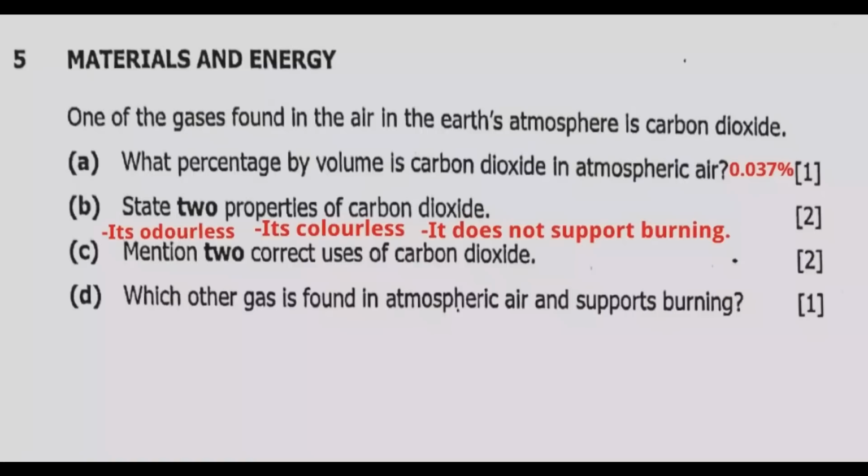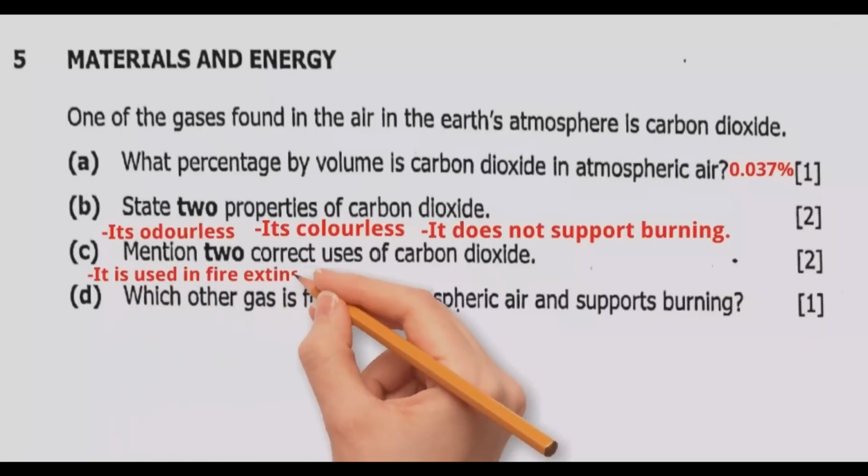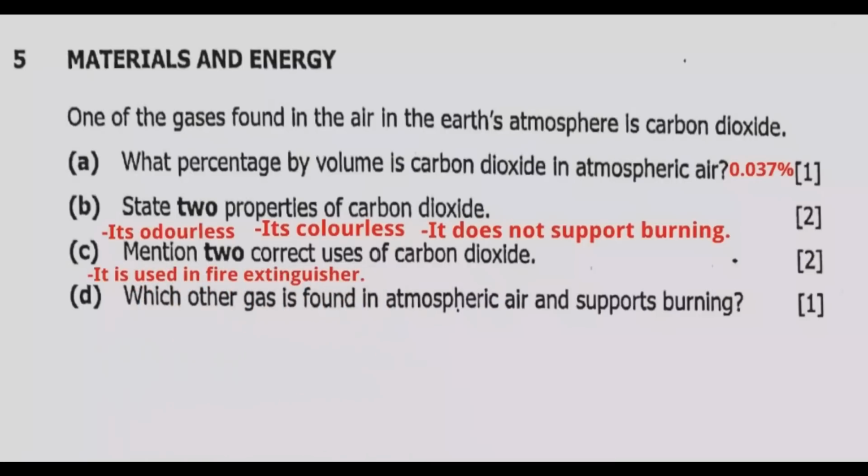We come to question number 5C. Mention 2 correct uses of carbon dioxide. One, it is used in fire extinguishers. Those red bottles or tanks you see in hospitals or in public places, which they write fire extinguisher, they contain carbon dioxide because carbon dioxide does not support burning.